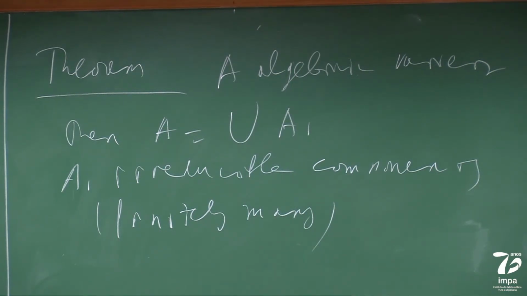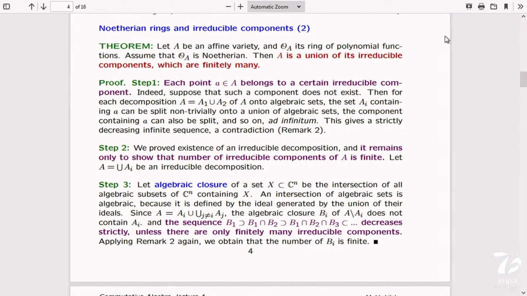So now let me give you the proof. Step one: existence of irreducible components. Each point belongs to an irreducible component, maybe to two irreducible components. Like you can consider this cross.